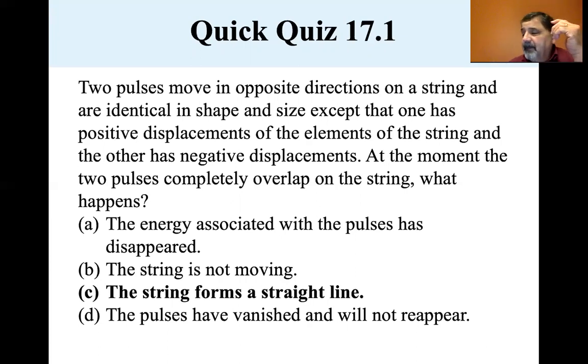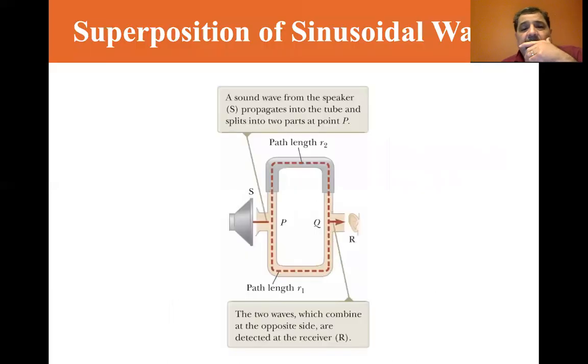So let's continue with the superposition of sinusoidal waves. A sound wave from the speaker S propagates into the tube and splits into two parts at point P. The two waves, which combine at the opposite side, are detected at the receiver. The receiver happens to be your ear.